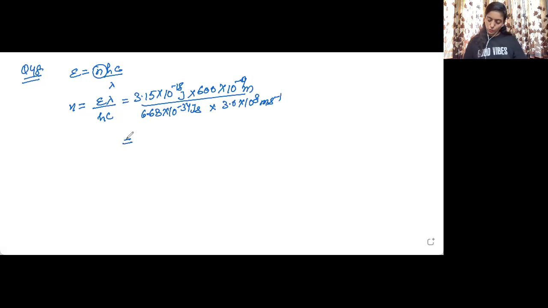So this will be equal to 3.15 into 600 divided by 6.63 divided by 3.